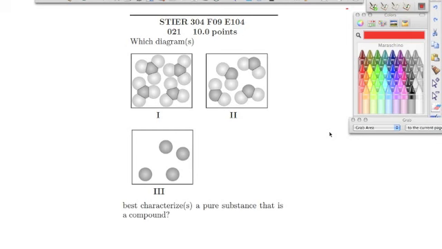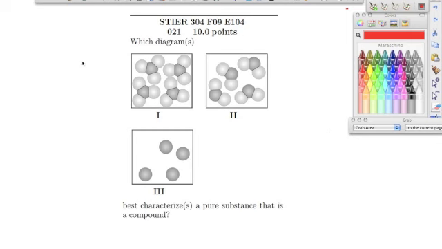Now, the compound is going to have 2 or more atoms bonded together chemically. But for it to be a pure substance, that compound has to exist as just the compound. So if we had table salt, NaCl, it's a compound and it would be a pure substance if the only thing in the container was NaCl or table salt.